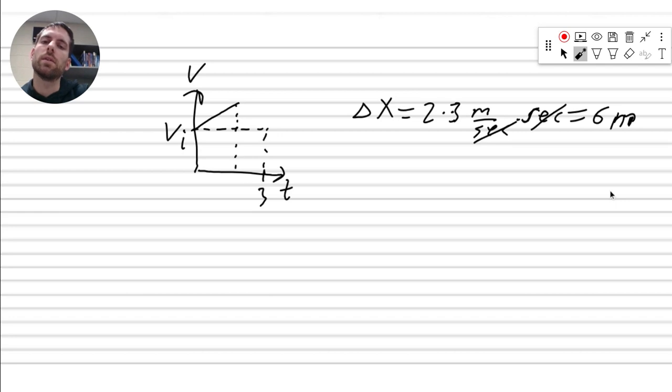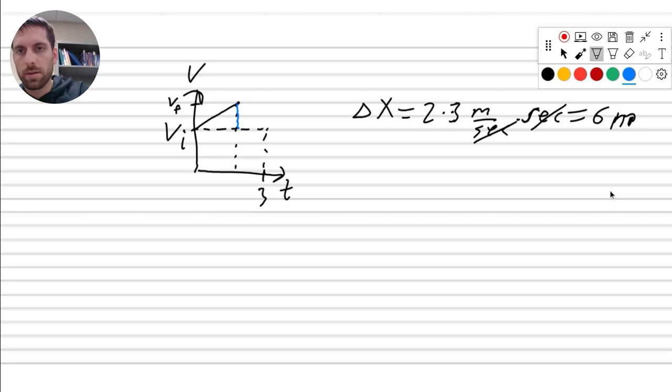And to do that, we need to know the final position, which is up here. That's where it ends. Because then our height is going to be some change in x, and then our length is just some time frame.